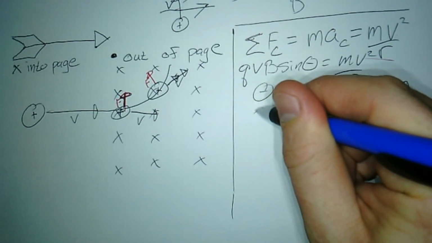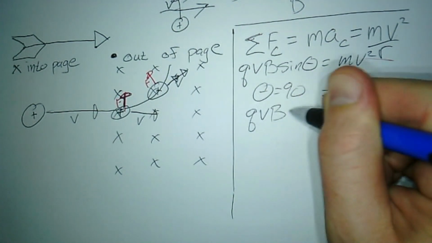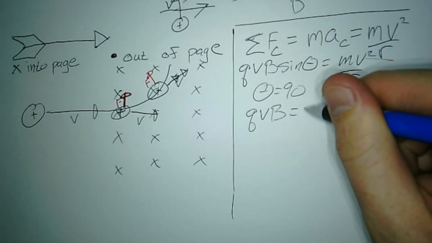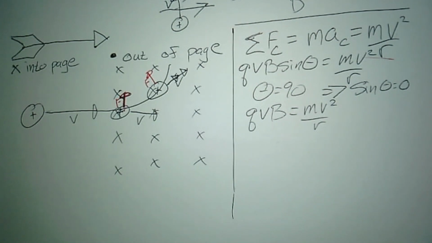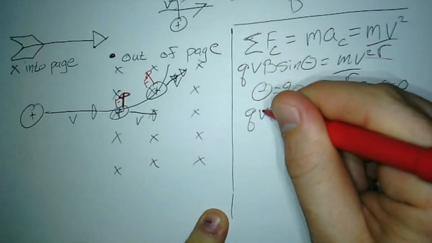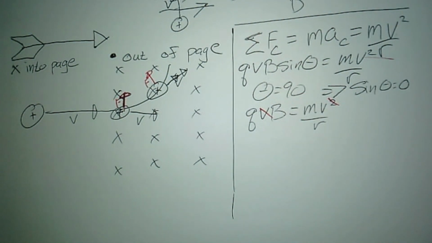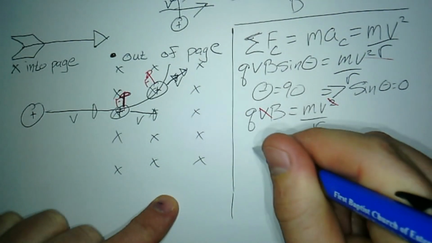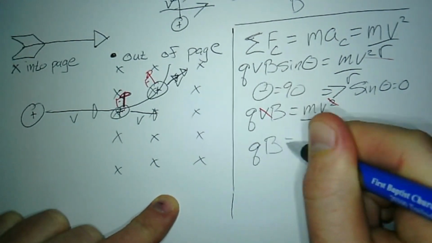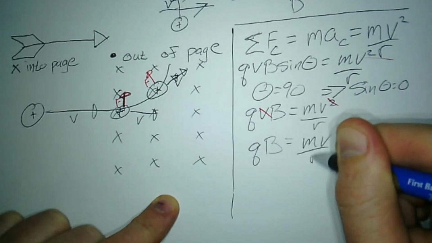So now I just need to solve QVB equals mv squared over r. And look at that, I've got a v on both sides, so those guys are gone. So now my final equation I actually have to solve anything with is going to be QB equals mv over r.